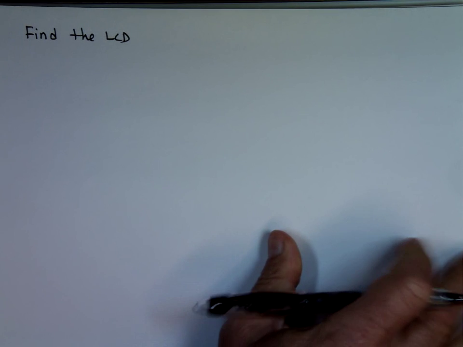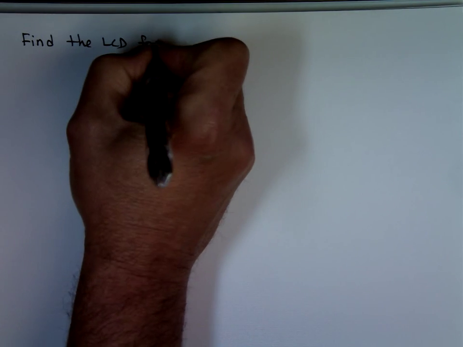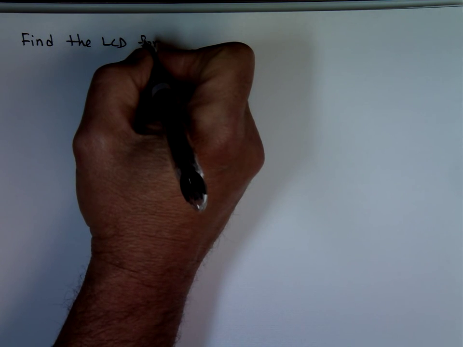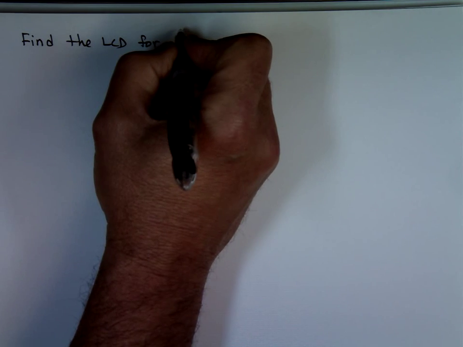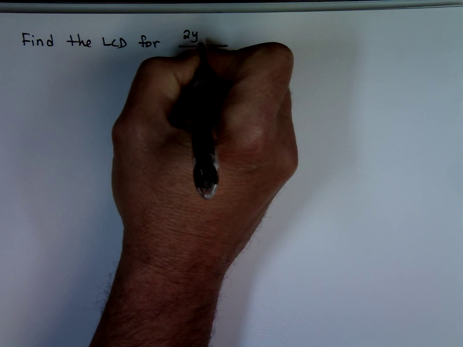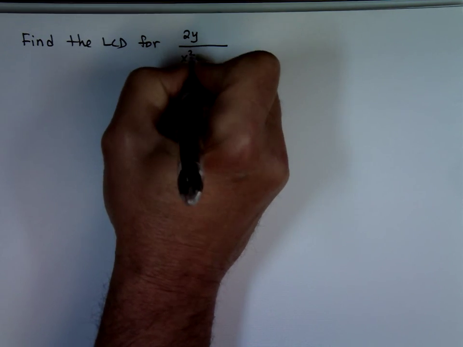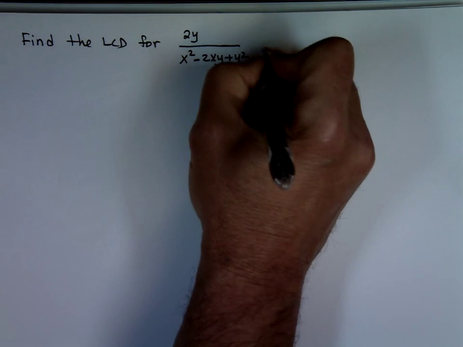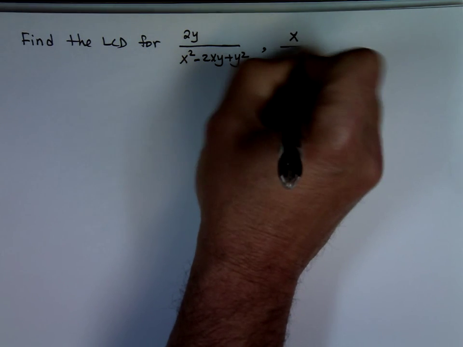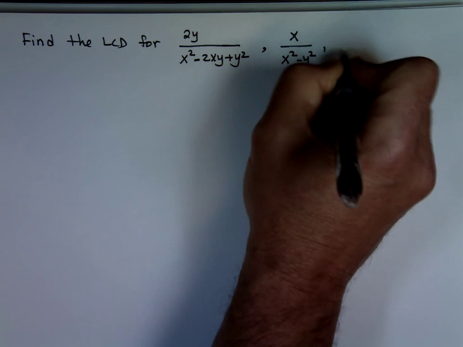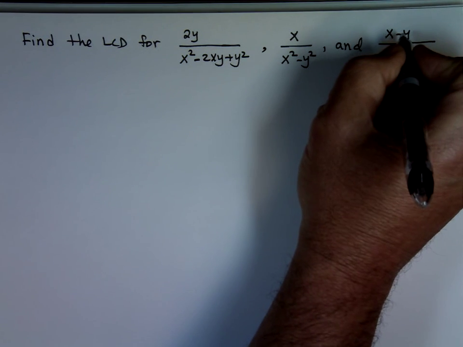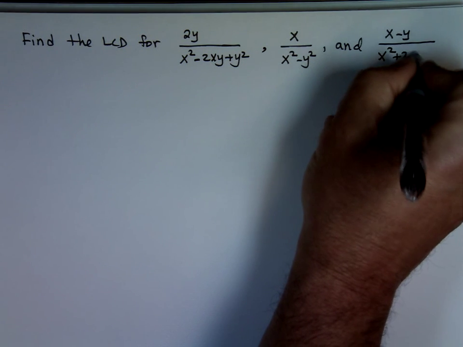Find the LCD for, here's the one. 2y over x squared minus 2xy plus y squared, the other one, x over x squared minus y squared, and the third one, x minus y over x squared plus 2xy plus y squared.